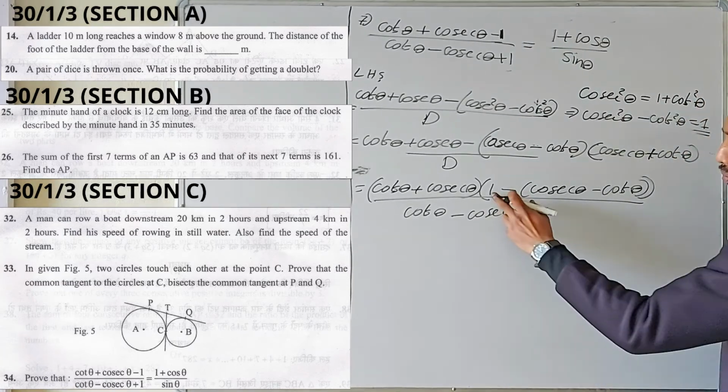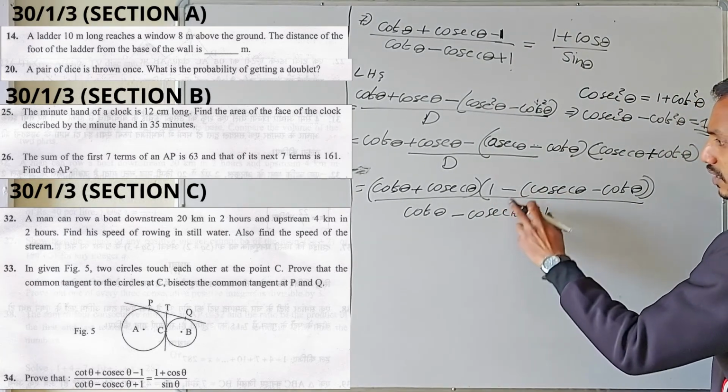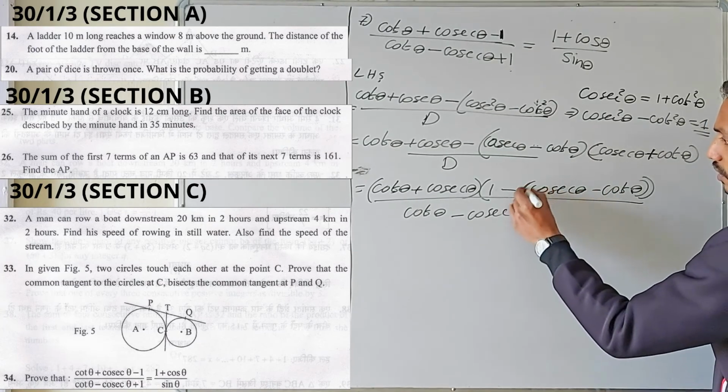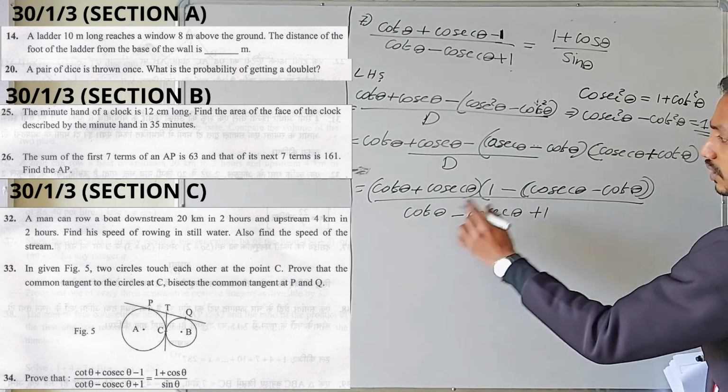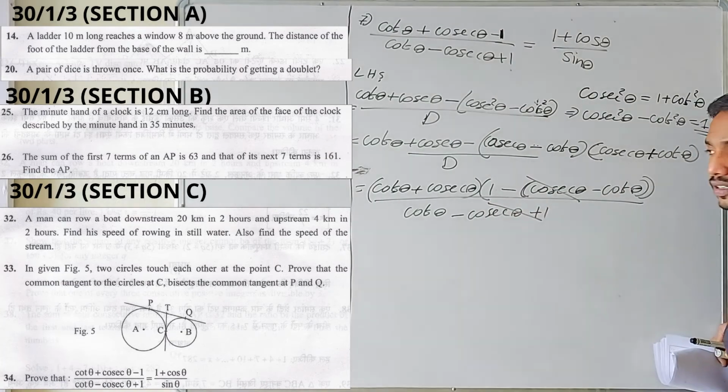What is this term? Plus 1, then the minus cosec theta is the minus of minus cot theta, and minus of minus cot theta is plus cot theta. So they are the same term, cancelled.